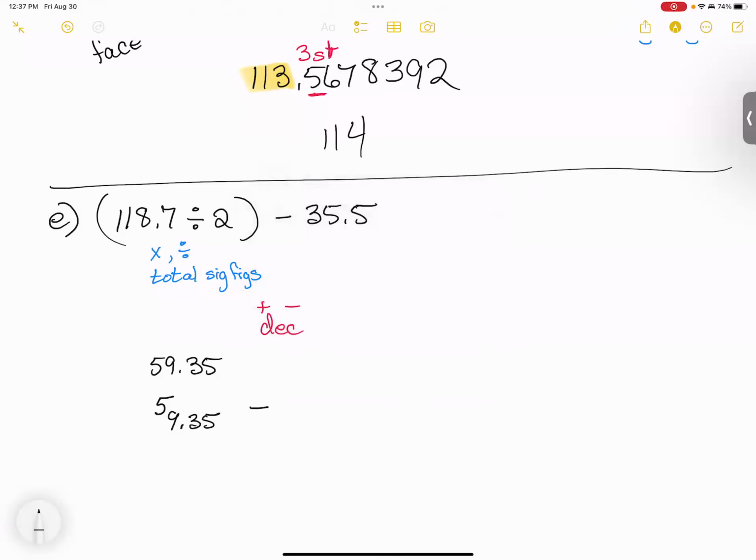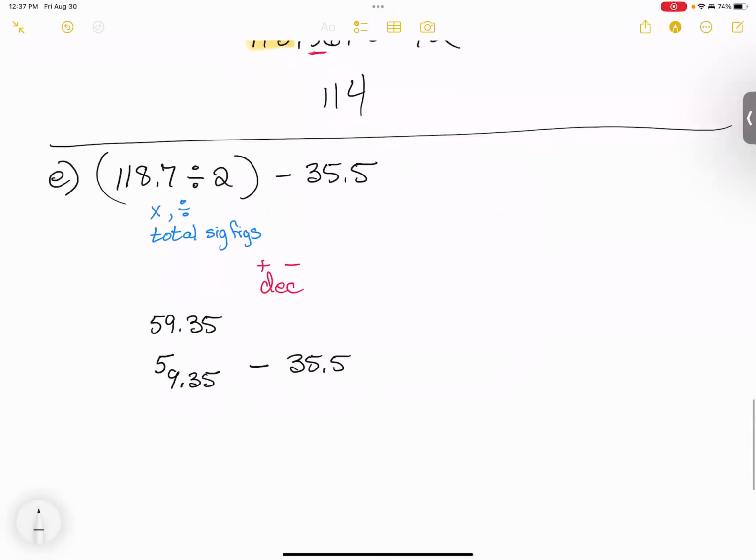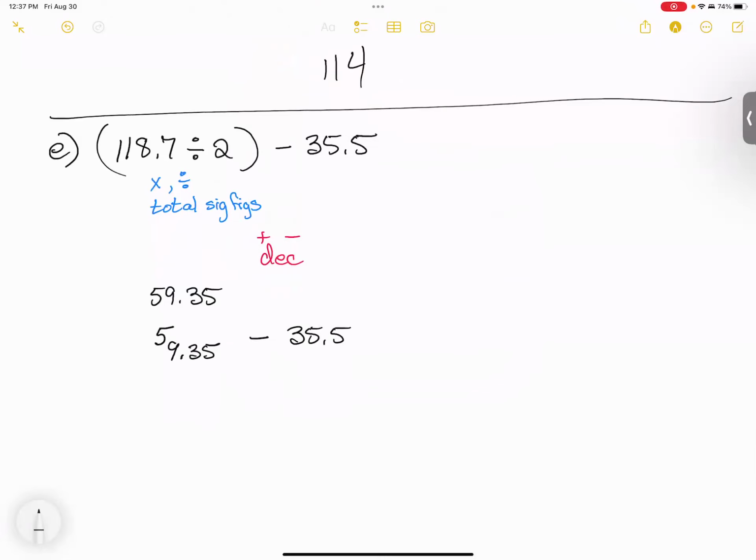From that, I'm going to subtract out the 35.5, which gives me an answer of 23.85.